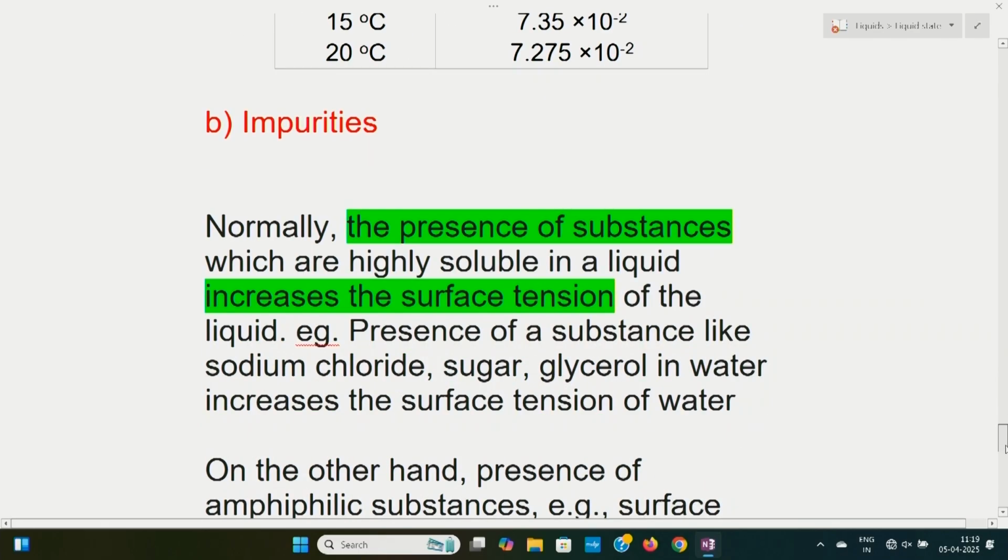temperature. The second factor is impurity. That means if some impurities are there in a liquid, what happens to the surface tension?